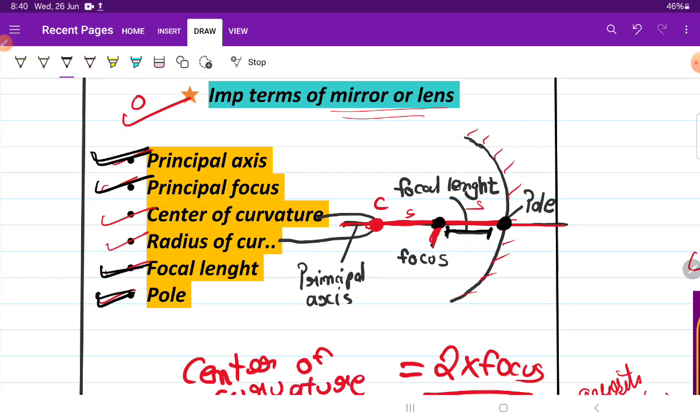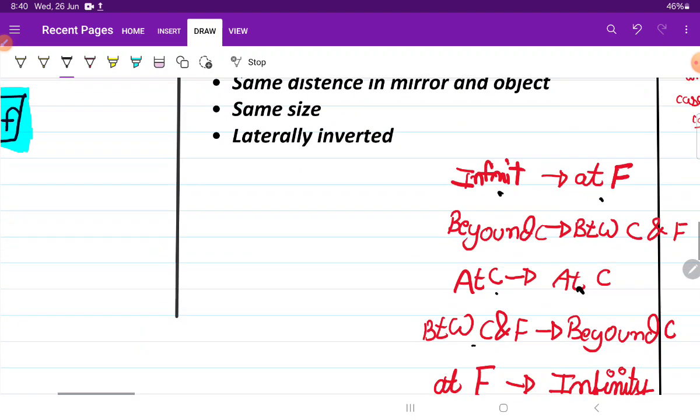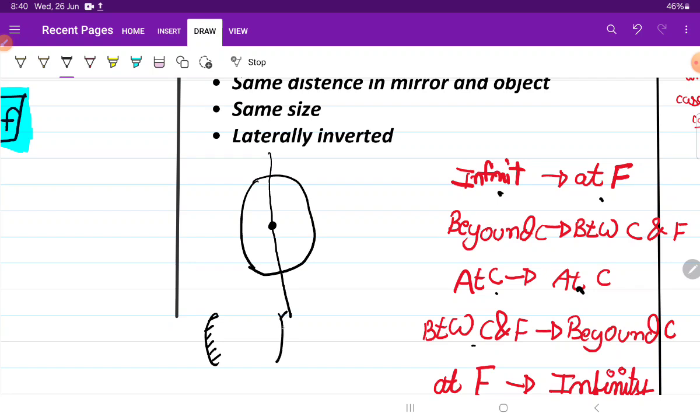Now what is the center of curvature? Students, for example, this is a sphere, and this is the center of the sphere. If you cut this sphere into two parts, you will get one concave mirror and one convex mirror. This is the convex mirror, while this is the concave mirror.